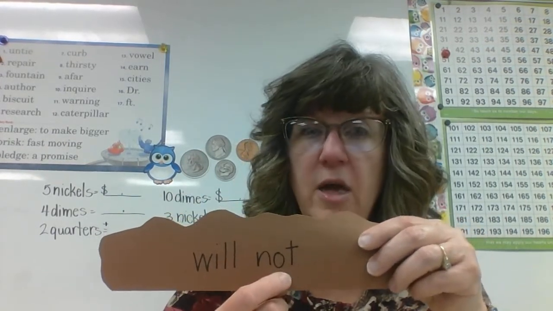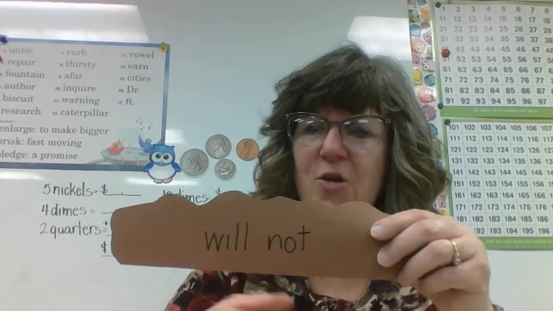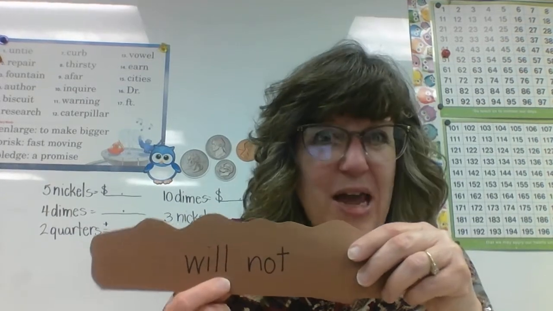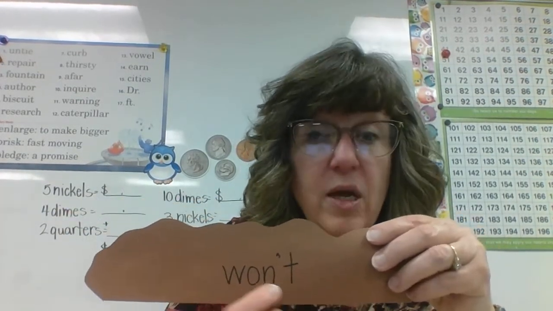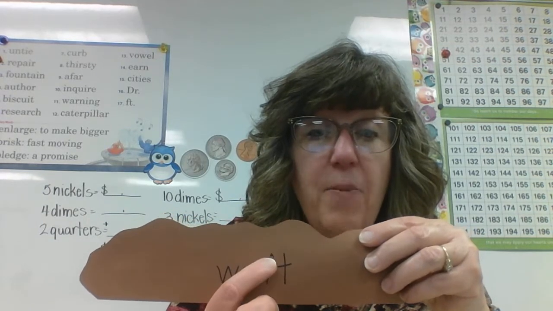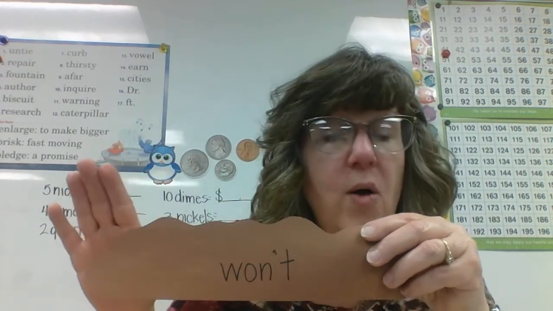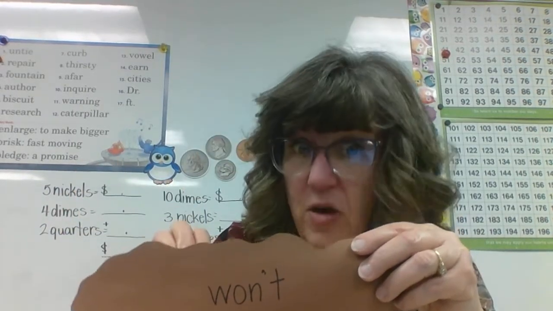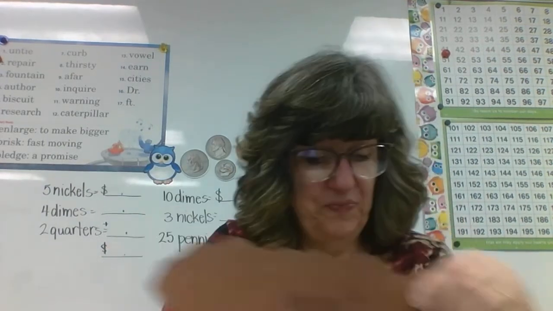Will not. I will not do my work. I hope you aren't saying that. Hey, that's right, Quen. I heard you say it. I won't. W-O-N apostrophe T. This contraction is about the only one that changes all the way around. So remember, will not becomes won't.